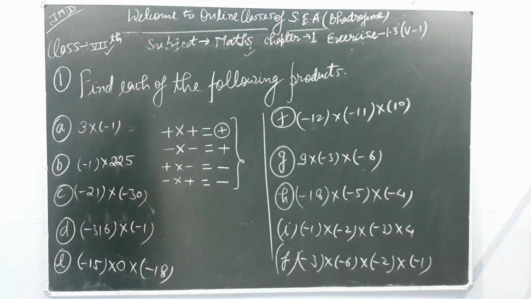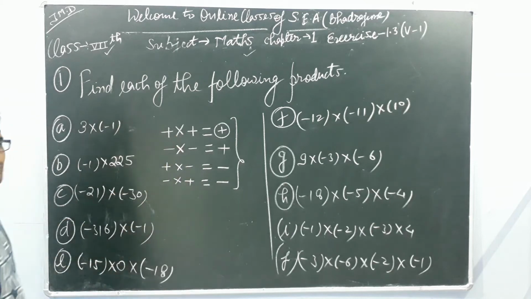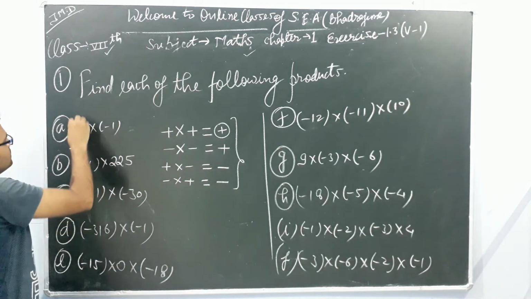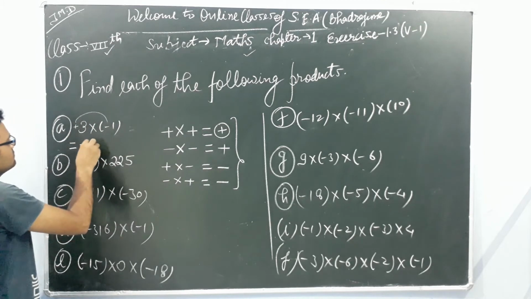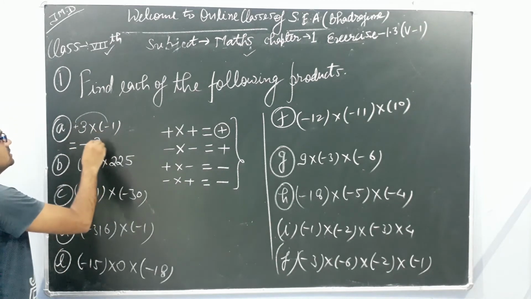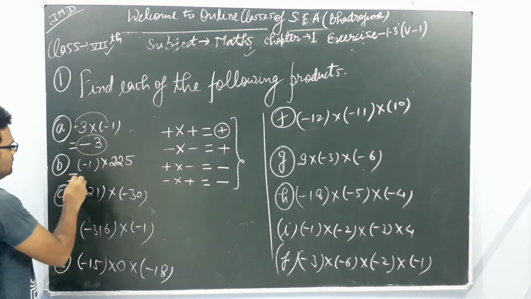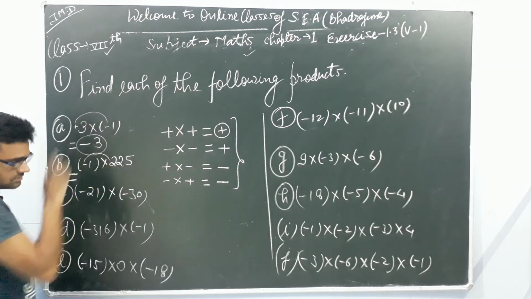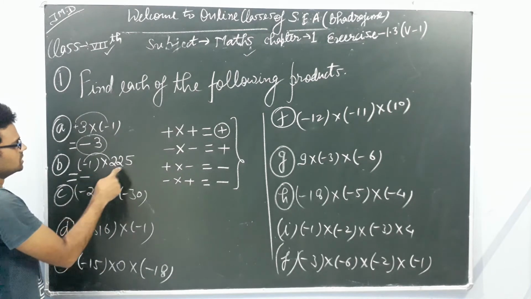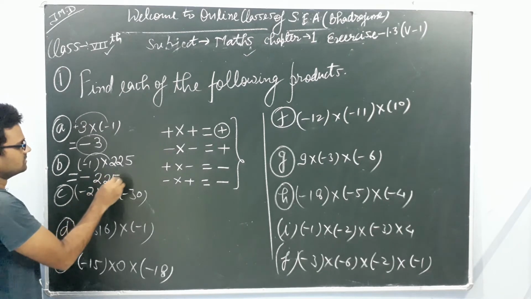Now I am applying this pattern on these questions. Our first one is plus multiplied with a minus, so we get a minus. 3 into 1 is 3, so our product is minus 3. Minus multiplied with a plus gives a minus, and 225 multiplied with 1 is 225 again.